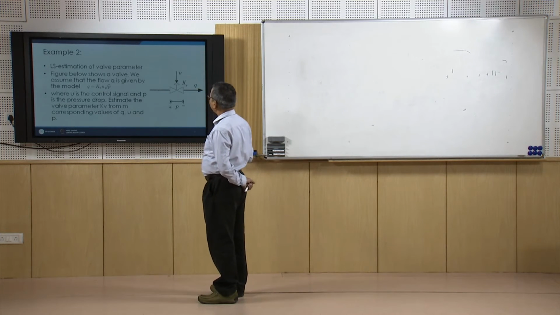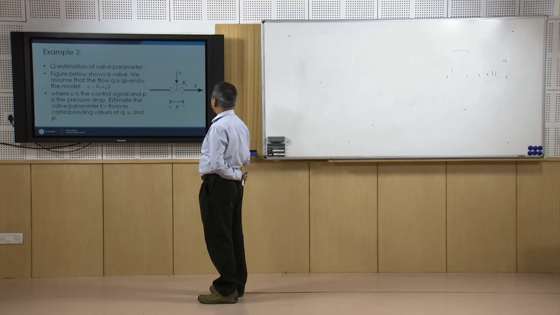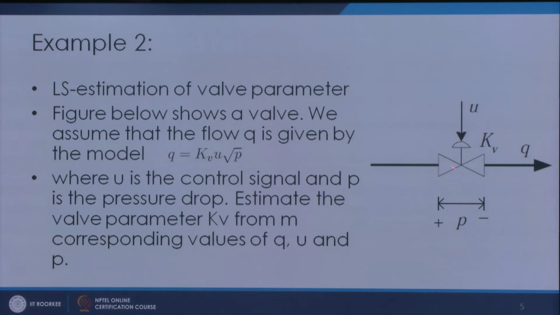Now, in this valve you can see this is the direction of flow, say in a pipe, through which a flow Q takes place, and here is a valve.